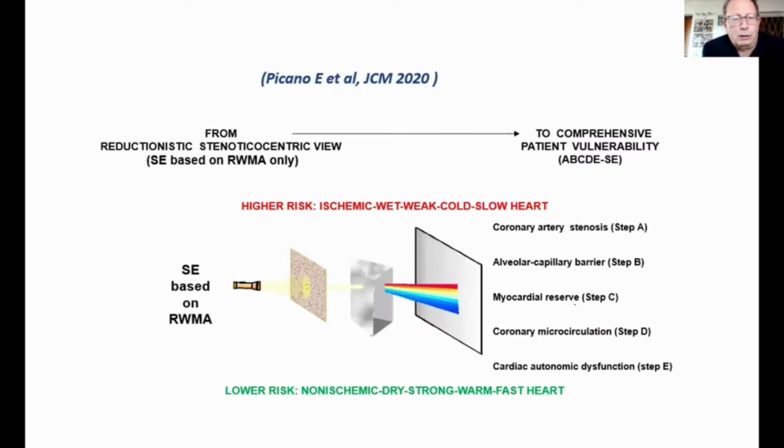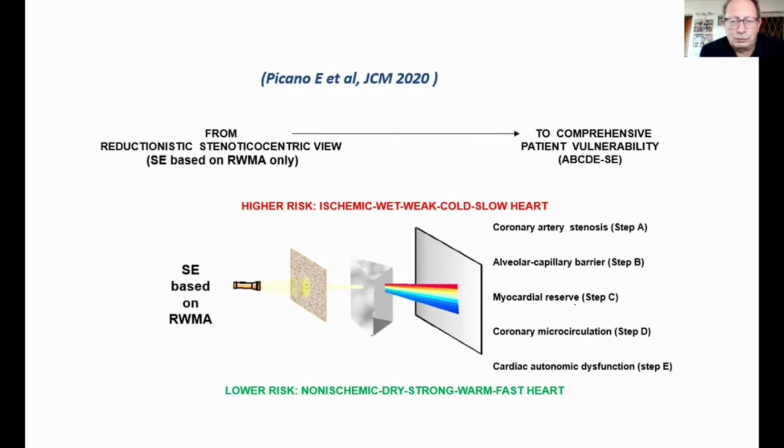We have a paradigm shift from the reductionistic stress echo based only on regional abnormality to a comprehensive assessment of patient vulnerability. We move from the white light to a spectrum of different colors with a Newton prism, which is a stress echo, always very simple, always not time consuming.